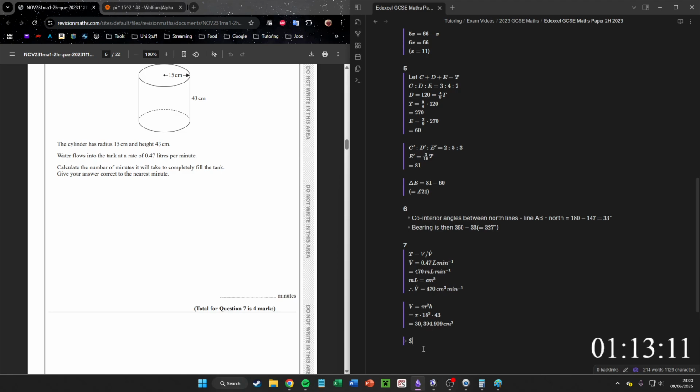And then we can just go back to our initial equation. T equals V divided by the volume flow rate. 30,394.909 divided by 470. And in the same way that I could do this in a calculator, I can take the number as it is in Wolfram Alpha and just divide by 470.